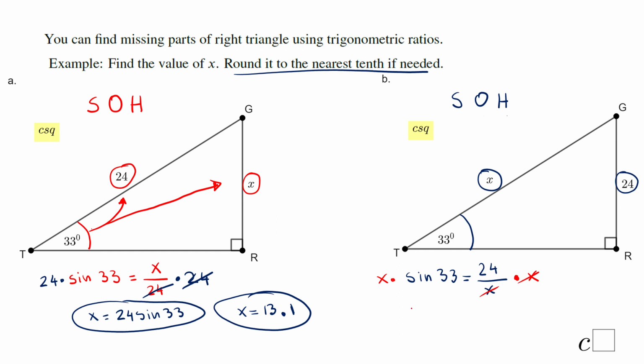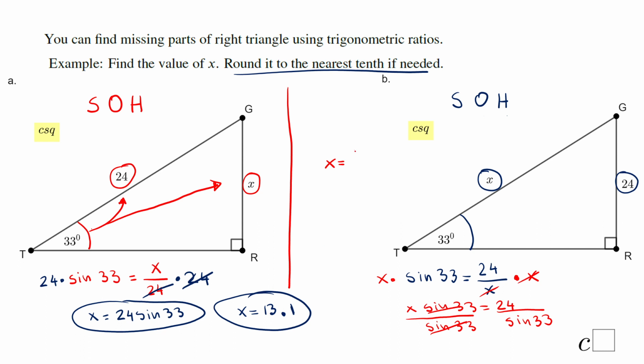So we get x times sine of 33 equals 24. And then I will divide by sine of 33. Obviously, you have to do that on both sides. And the exact answer, in this case, is 24 over sine of 33.